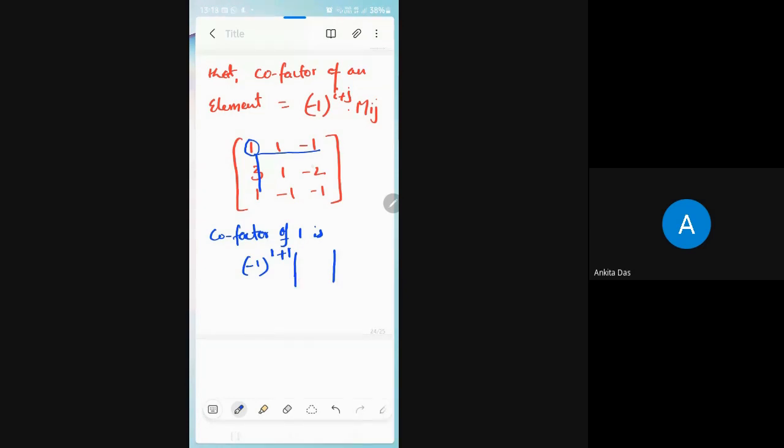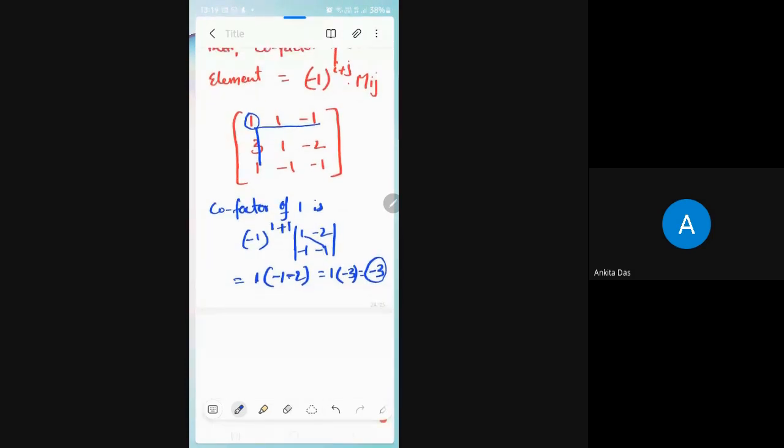The remaining matrix is 1 1, minus 2, minus 1 minus 1. This implies minus 1 to the power of 2, which gives plus 1, into ad minus bc: 1 into minus 1, minus minus 1 into 2, that means minus 1 minus 2, minus 3. So minus 3 is the cofactor of the first element 1. This is the way of calculating the cofactor for the first element.